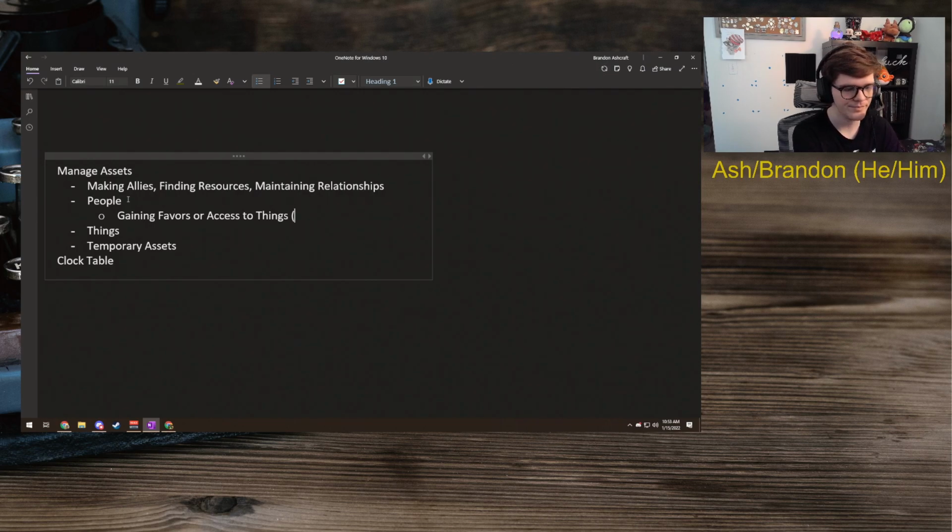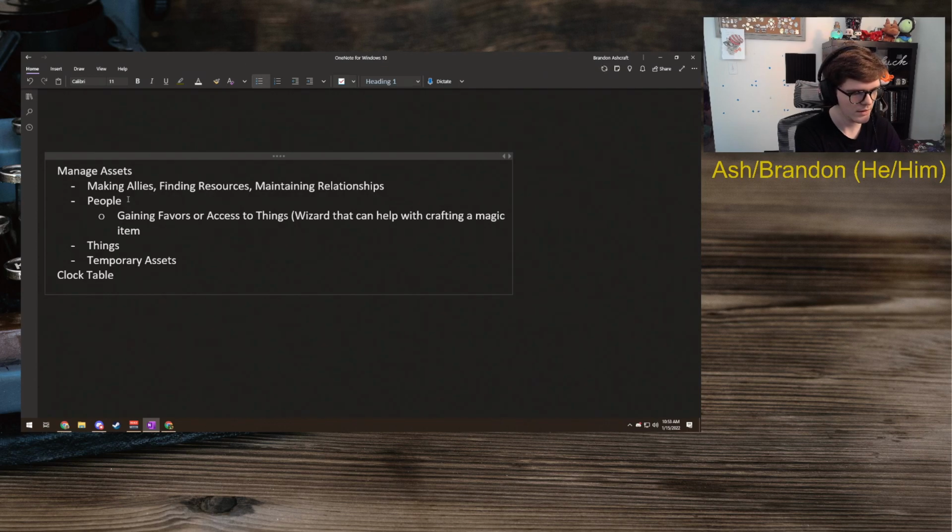So, like, a wizard that can help with crafting a magic item a number of times, or access to his or their private stock of alchemical components.